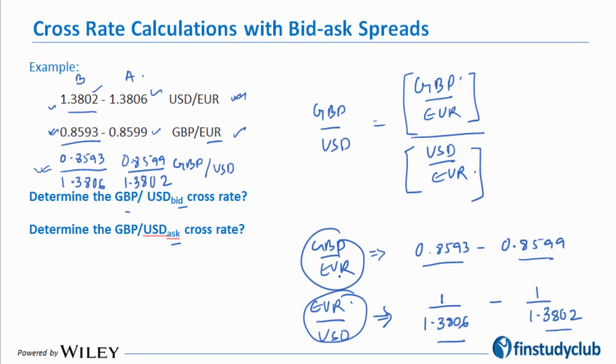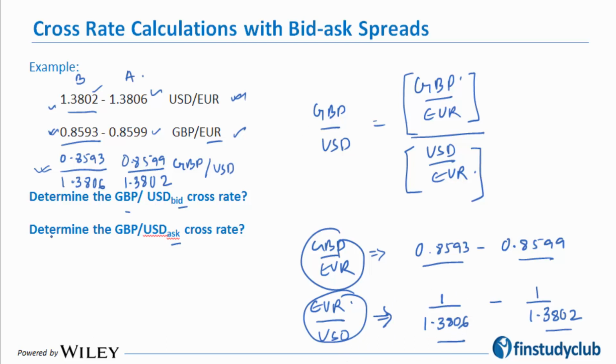For instance, if I have a euro with me, I can sell it for 0.8593 GBP. And that euro could have been bought by selling a dollar in the market and getting these many euros.